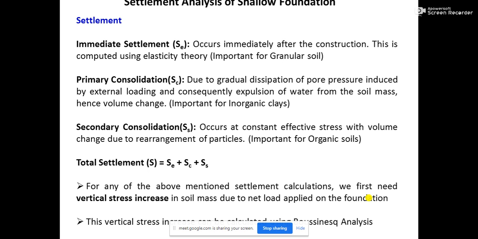Okay, so these are the three methods through which you should be able to find out the vertical stress increase in the soil mass.